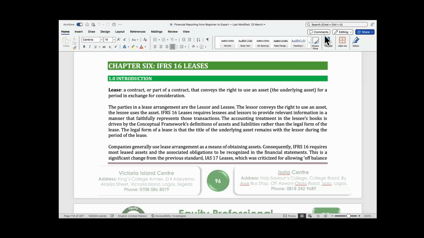So we really want to look at how you account for transactions like that, where you can acquire an asset and you're allowed to pay for it instrumentally.